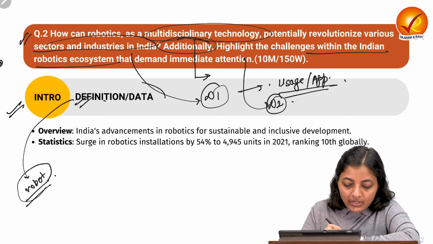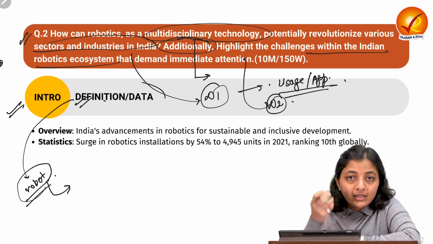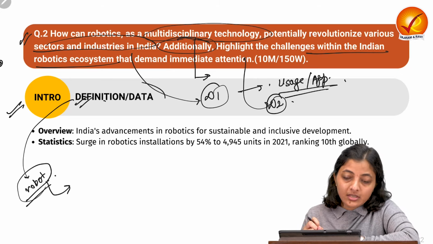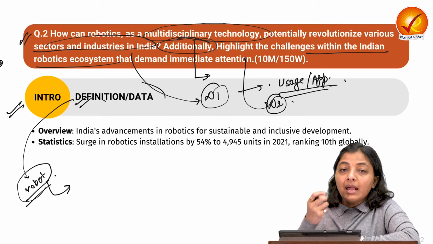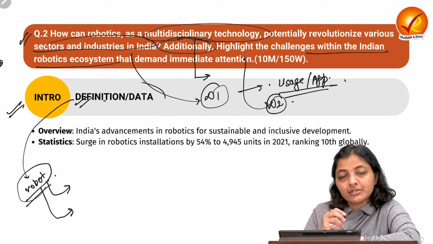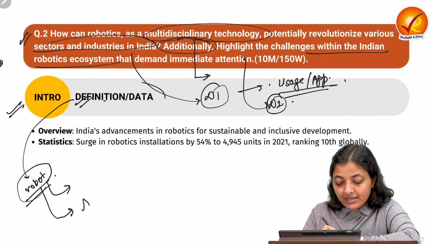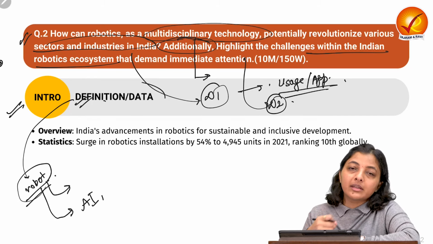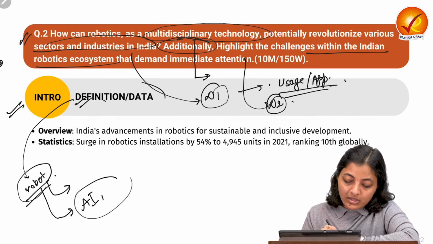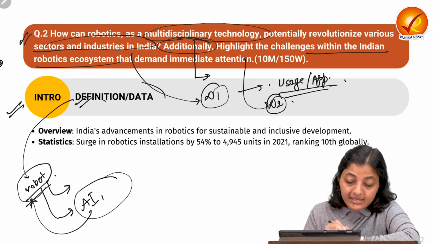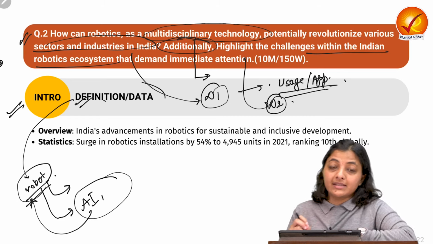It may be humanoid, a human-like looking structure, or it can be automated machines. And with respect to robotics, the allied technologies are artificial intelligence, deep learning, machine learning, etc. With all of these, we increase the efficiency of the robotics mechanism.